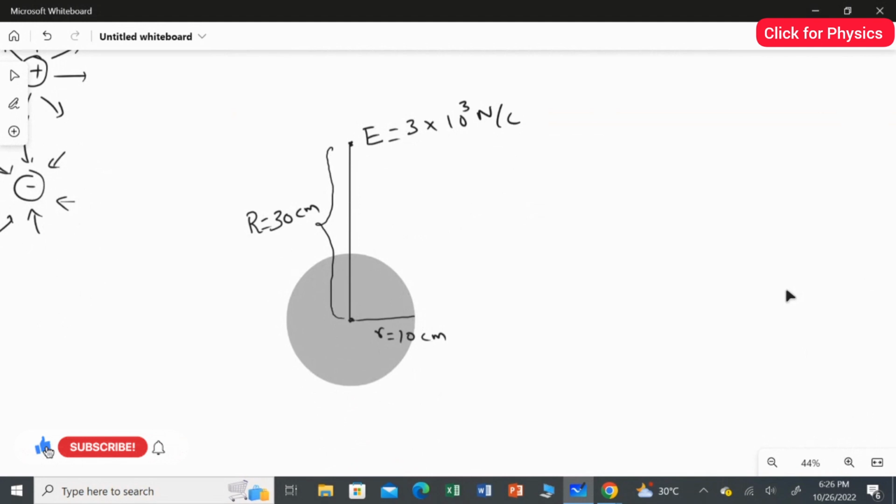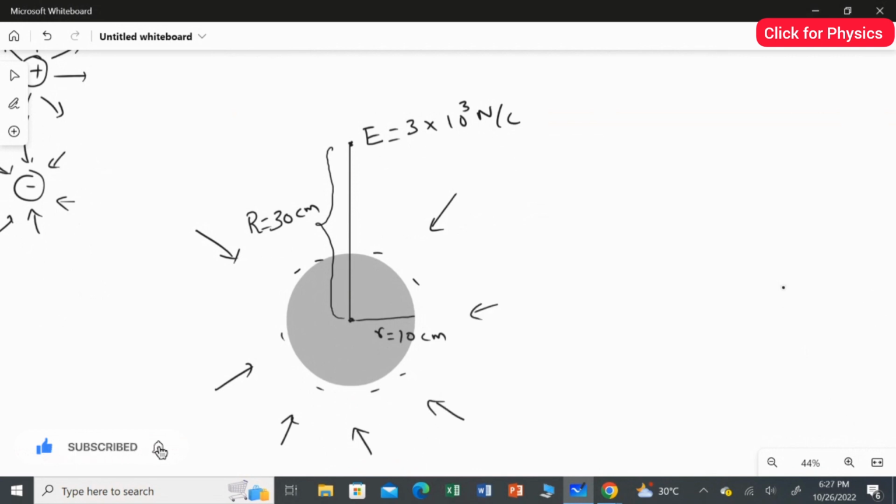So that means the charge sitting on the sphere is exactly a negative charge. The negative charge is sitting on the surface. That's why all the field lines are in the radially inward direction. Understand? Clear?